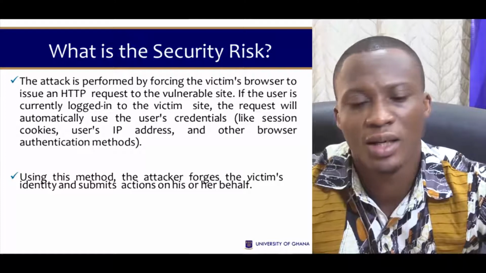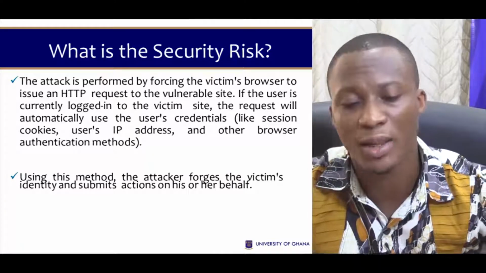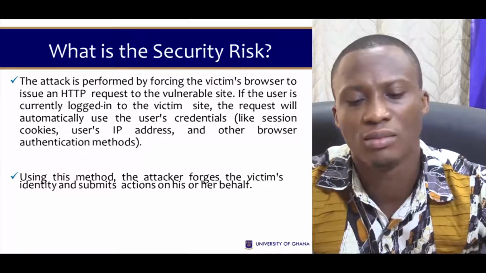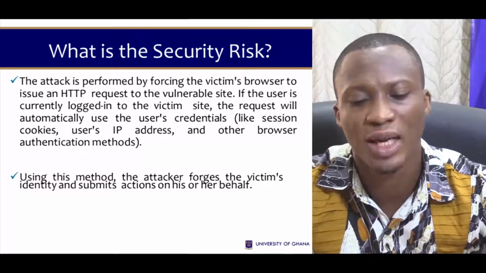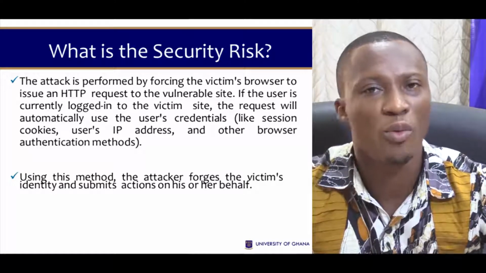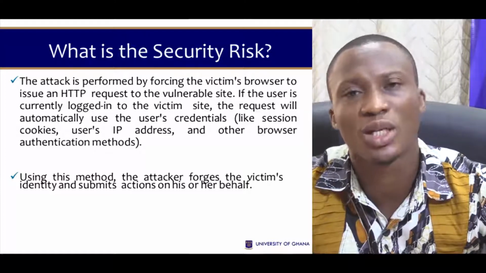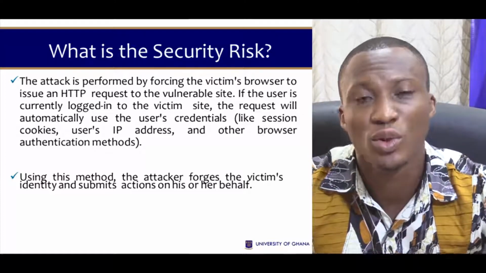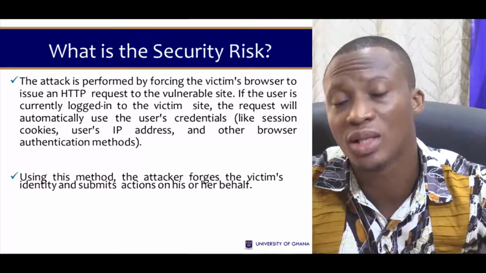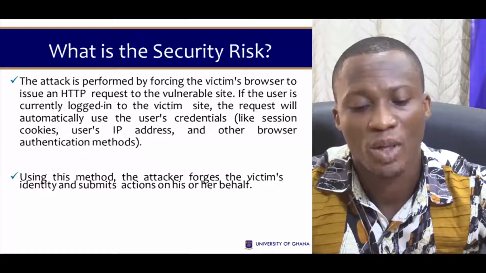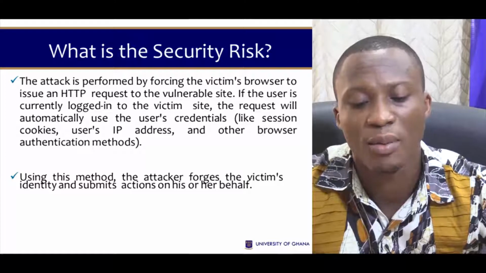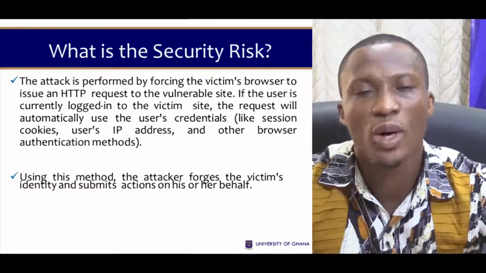If the user is currently logged in to the victim site, which we'll see in an example, the request will automatically gain access because it will use your user credentials: your session cookies, session ID, user's IP address, and other browser authentication methods. Using this, the attacker forges the victim's identity, like an impersonation, and submits actions on his or her behalf.